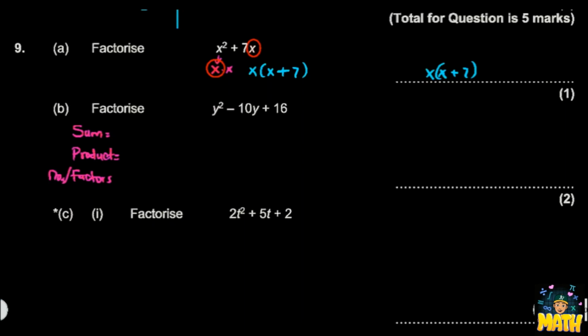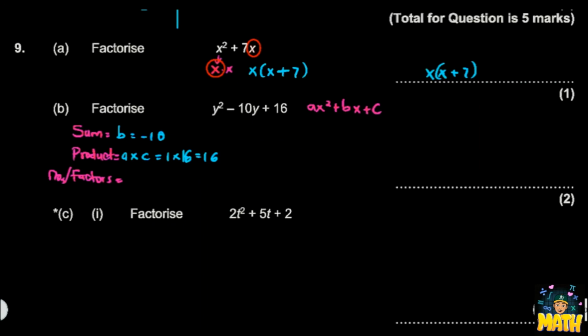So the sum is going to be given by the coefficient of y. In this case, it's negative 10. The product is a and c, which is 16. So the factors will be from the 16.